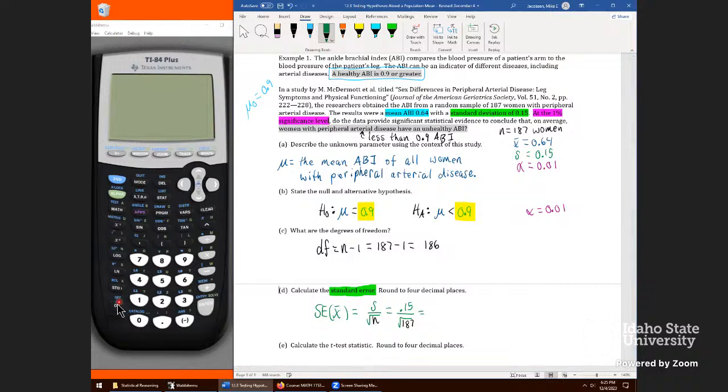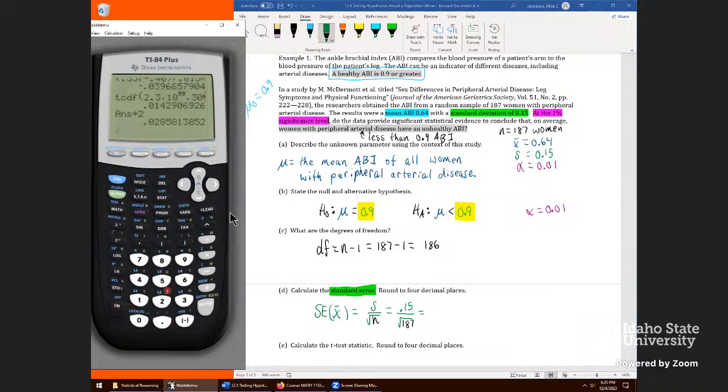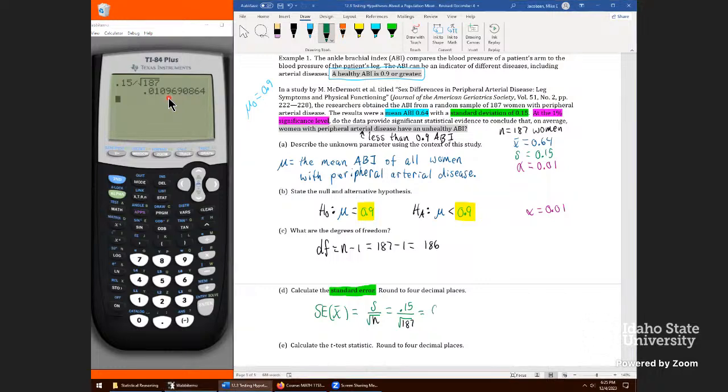So now in the calculator, let's see what this comes out as. 0.15 divided by the square root of 187. Looks like we want 4 decimal places, and to the 4th place, this one is going to be rounding with carry, my least favorite rounding, 0.0110.